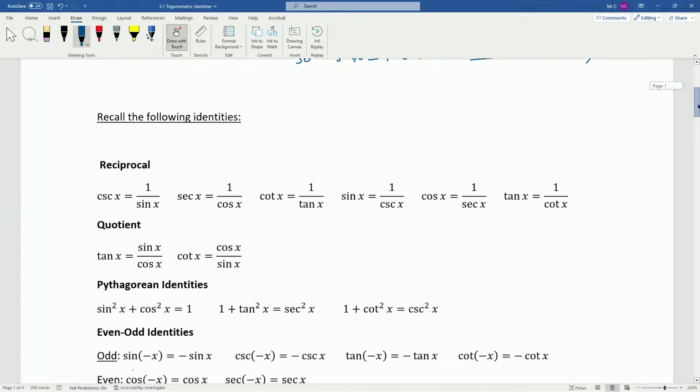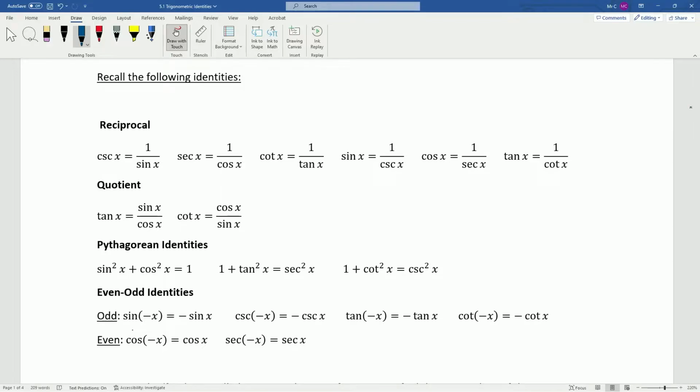Okay, so now when we want to prove identities are always true, we have various ways to do that. Some of these things are effectively definitions. When we look at the reciprocal and quotient identities, if they're not actually definitions, they're so directly intertwined with the definitions.